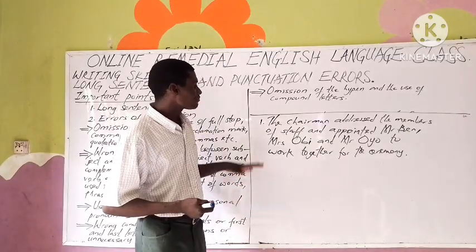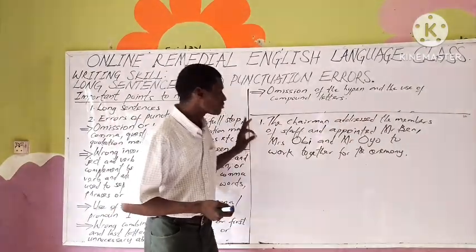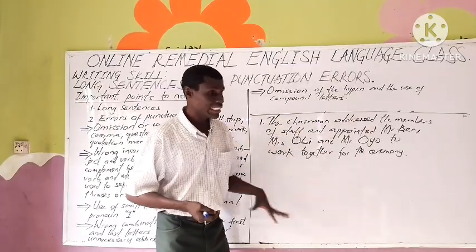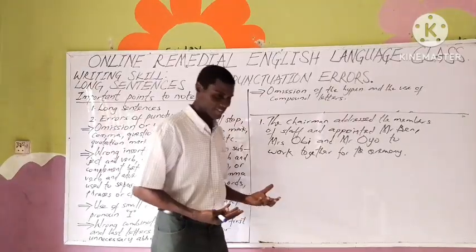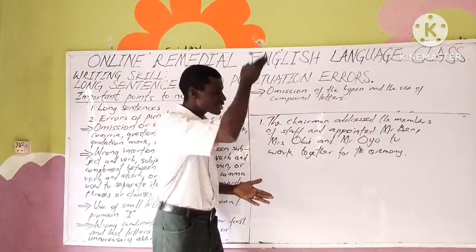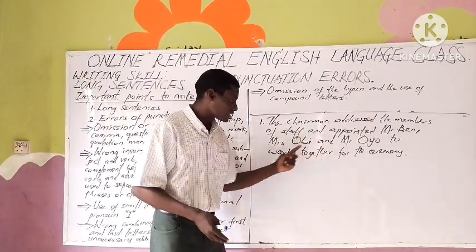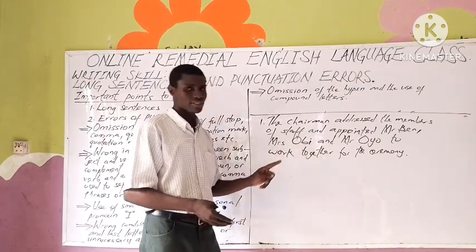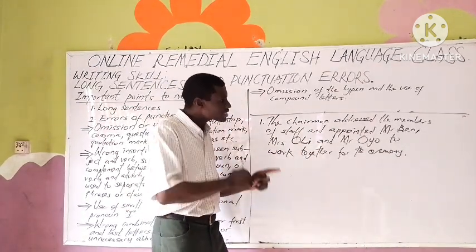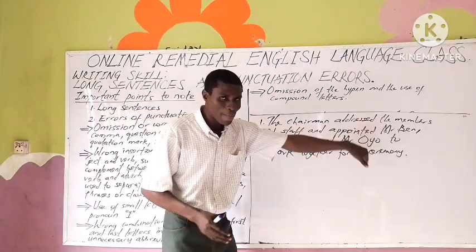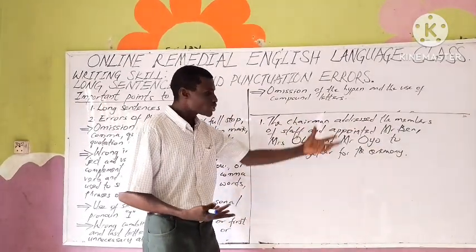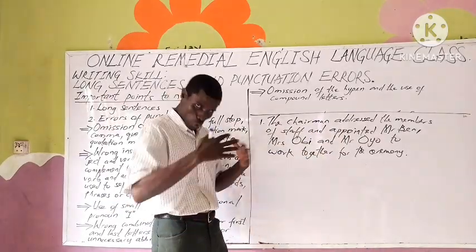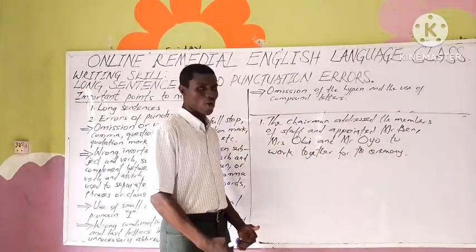Okay? And for a case like this, of lists, either of names or items, after each item, before the end, the one here will not take it. Okay? After each item, there should be a comma. Because when you say it orally, you will observe that you are going to have a pause.